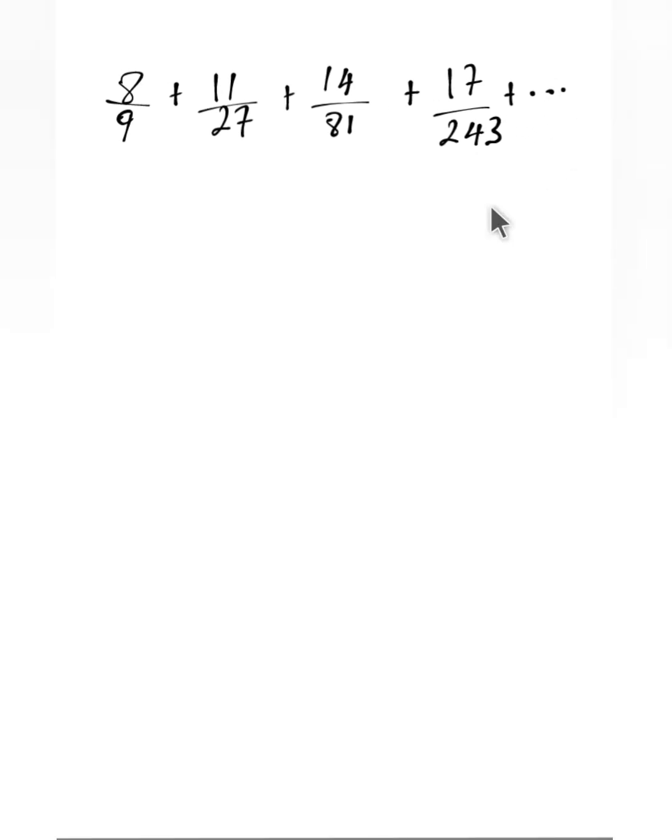So the first step, we must find an expression that perfectly describes the series. There's the first term, the second term, the third term, the fourth term. And if we observe, in the first term the numerator here is 8, second term 11, third term 14, fourth term 17. So what can we make of that?